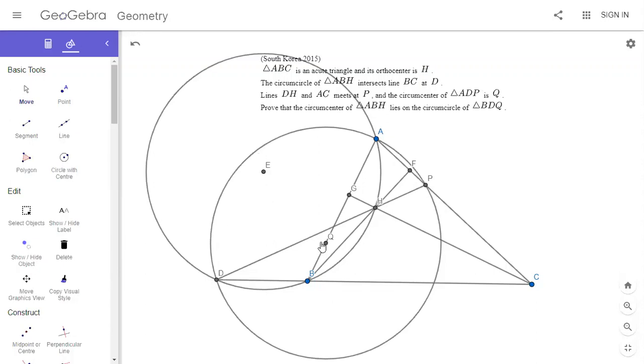So it's this Q point. That Q point is the key. Actually, I'm not sure it is as easy as I thought to angle chase triangle EDB.